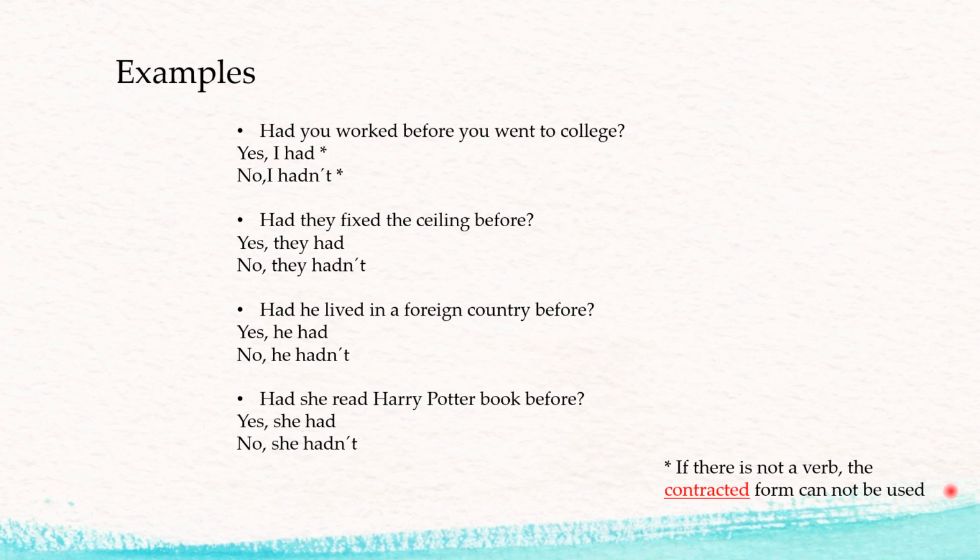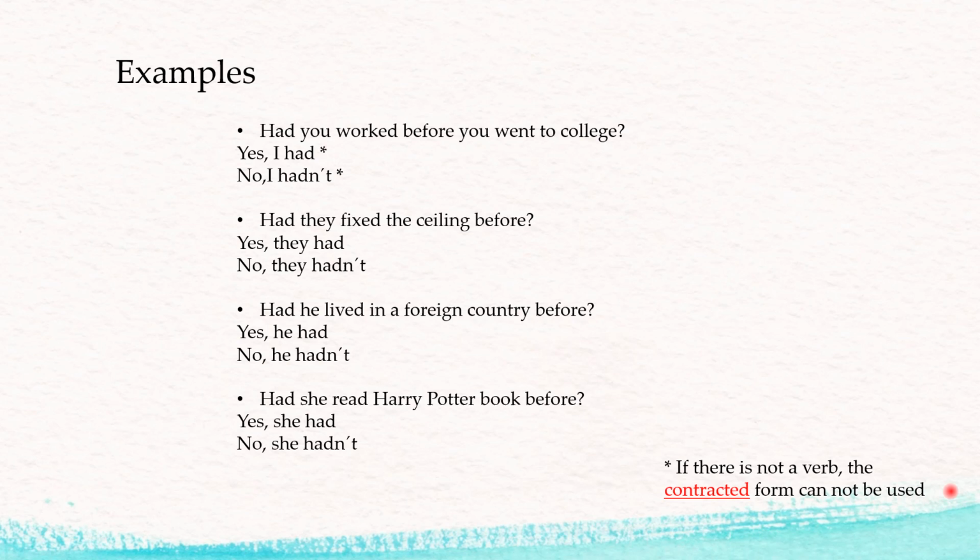Third example. Had he lived in a foreign country before? Had auxiliary, lived, past participle. Answer, affirmative. Yes, he had. No, he hadn't. Next example.